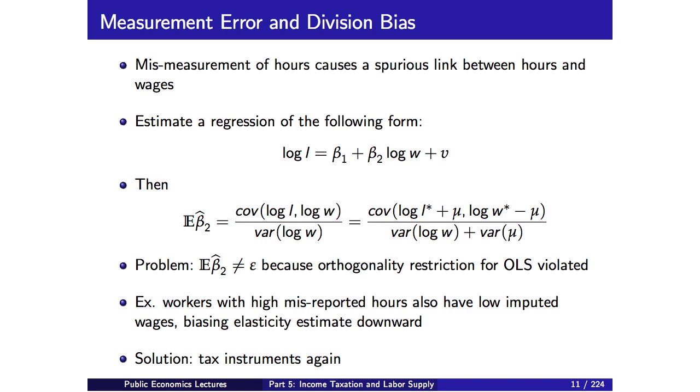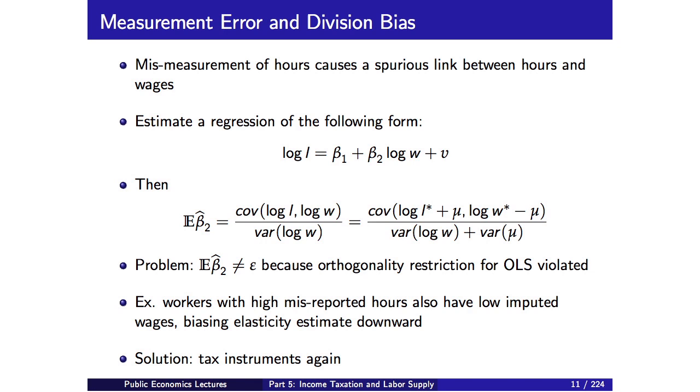So what is the expected value of beta 2? What is that going to converge to? It's going to converge to, we know from the OLS formula, the covariance of log L with log W divided by the variance of log W. But the problem is log L has this error term plus mu in there, and log W also has that error term of minus mu.